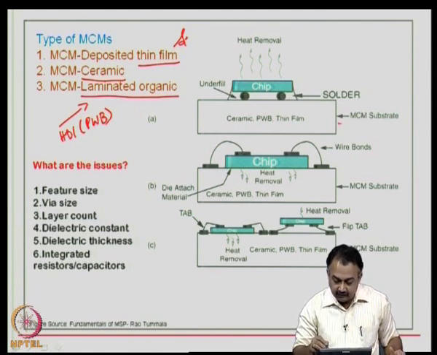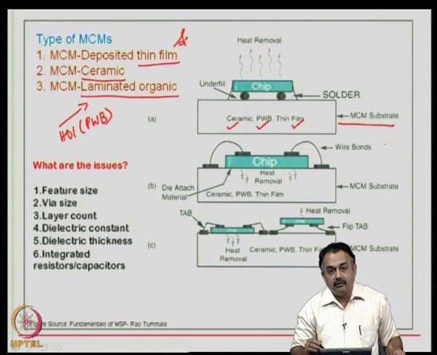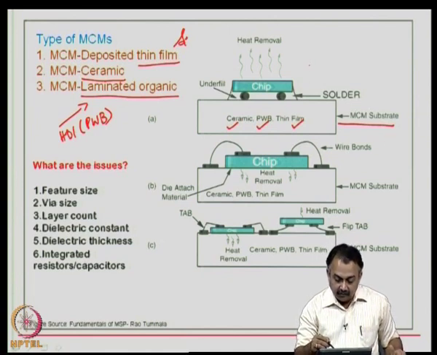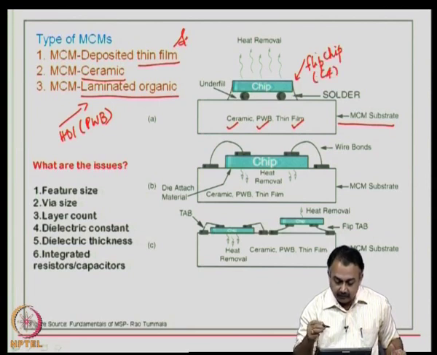Now, if you look at the accompanying picture here, if you have a MCM substrate like this, where you can have a ceramic or an organic or a thin film, then you can have a first level interconnection by using a flip chip. So, this is a structure of a flip chip or a C4, as you know by now.